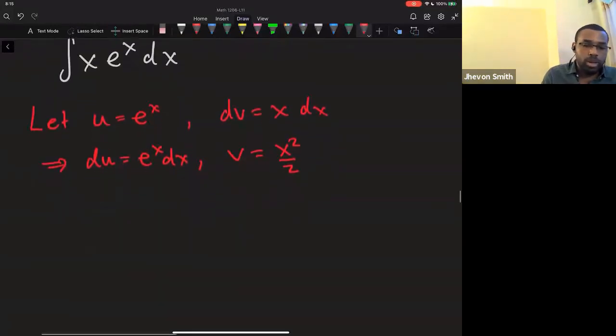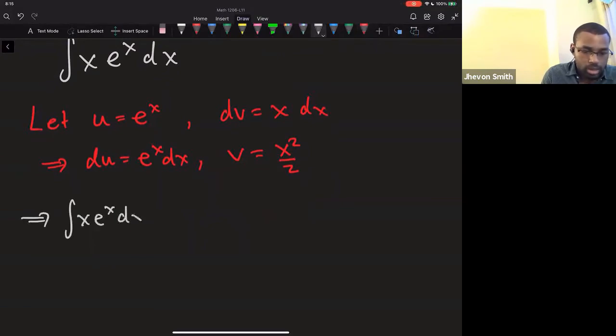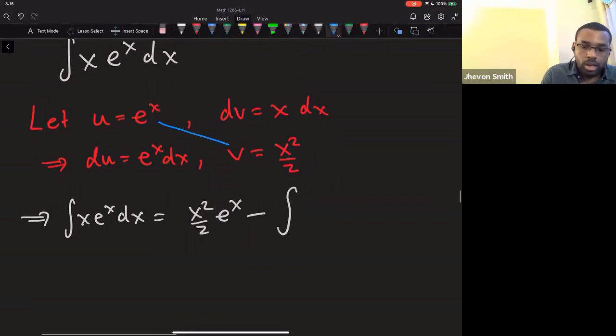Now, when I go to plug into the formula, it's going to be u times v minus the integral of v du. And v du would be, well, x squared over 2 times e to the x dx.